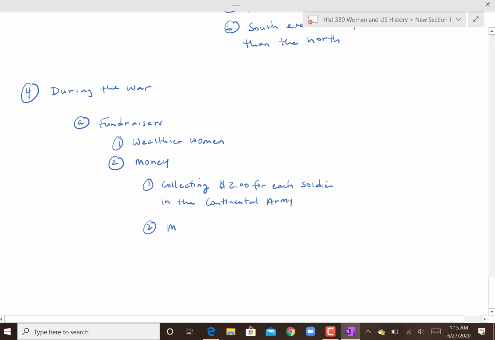And so you had Martha Washington and others, and what she did, because she was the wife of George Washington, who was in charge of the Continental Army, is that she told George Washington that's what they wanted to do. So she told George Washington they wanted the money to go directly to the men.